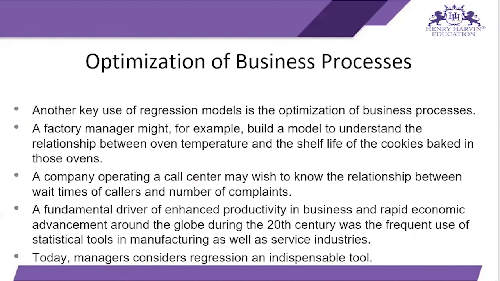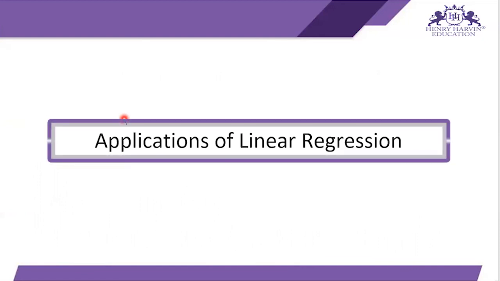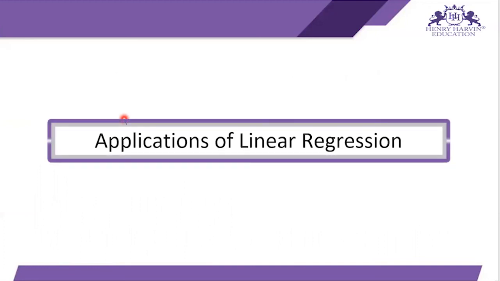There are many applications of the linear regression model, and you can also do research and development to learn about other applications. But here I just told you about the main and important concepts and applications of this linear regression model.